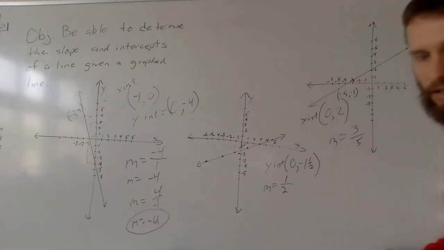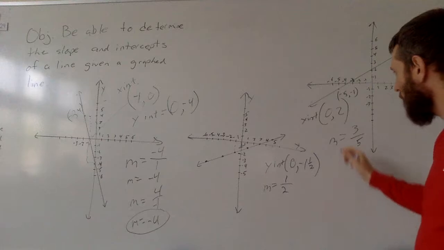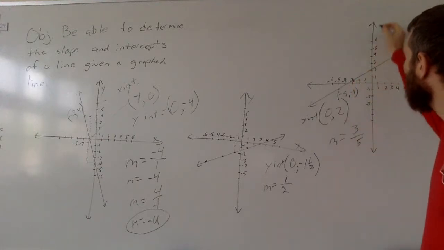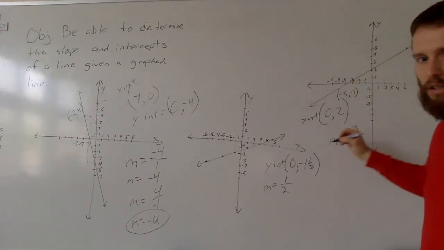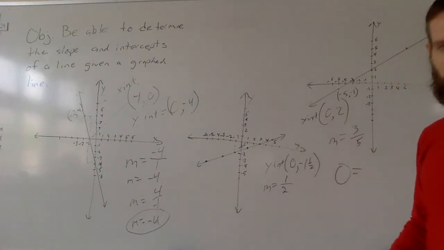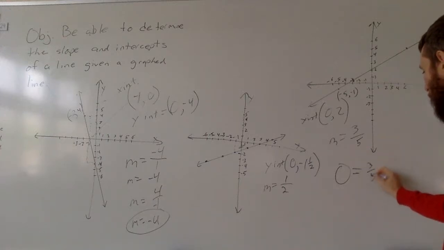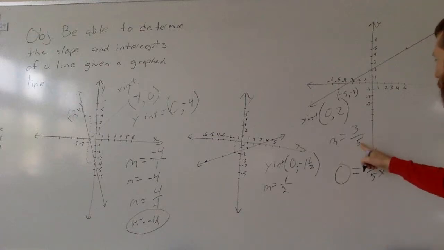Now, last but not least, I said I would tell you how to solve to get the x-intercept. And so what we would do is we know that to find the x-intercept, y is 0. So we'll write this in, believe it or not, the slope-intercept form. And 0 equals 3/5 x, right?